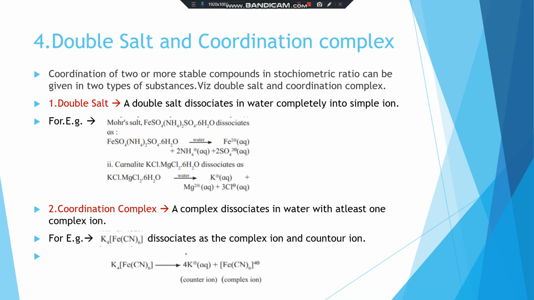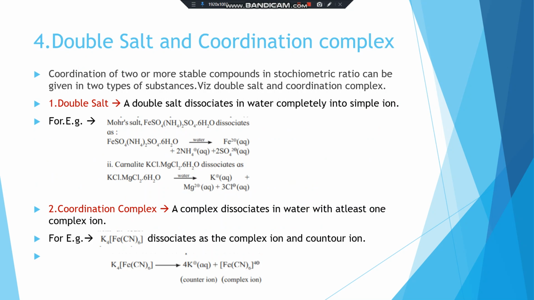Then the fourth point is double salt and coordination complex. Combination of two or more stable compounds in stoichiometric ratio can give two types of substances, namely double salt and coordination complex. First, double salt. A double salt dissociates in water completely into simple ions.